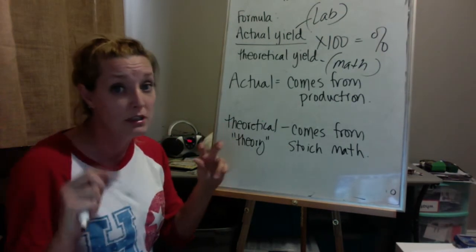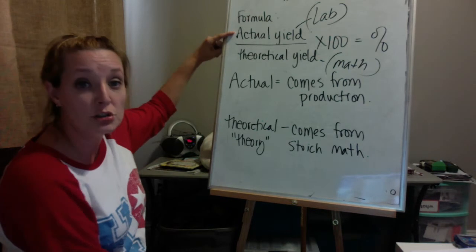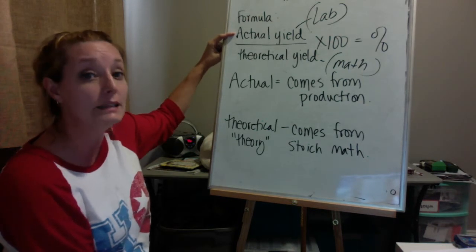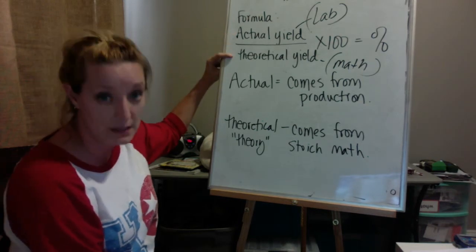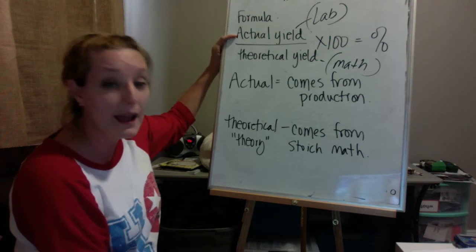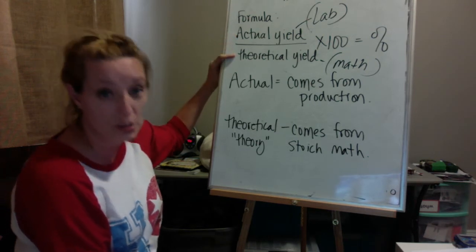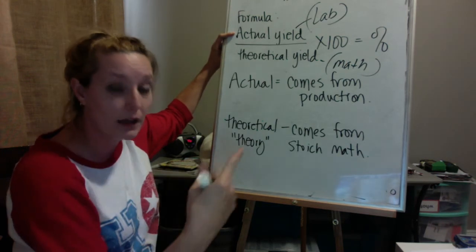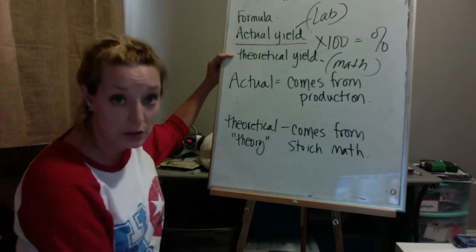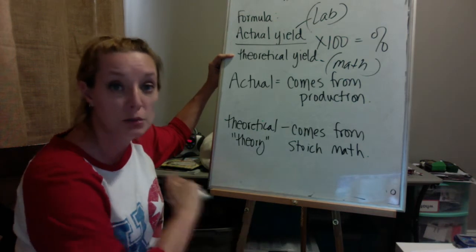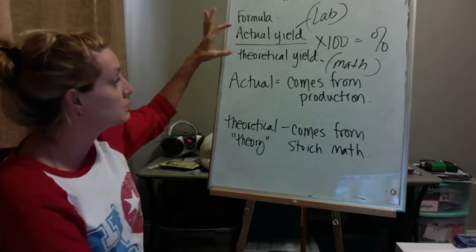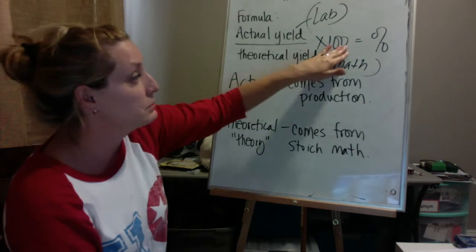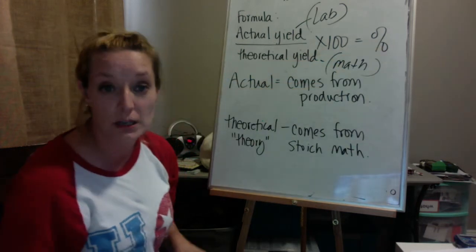This number should always be less than this number. You are never going to get what you're supposed to. You will always get less, remember, human error in lab, than you're going to get doing the math. So you just plug those numbers in, divide, multiply by 100. That will give you your percentage yield.